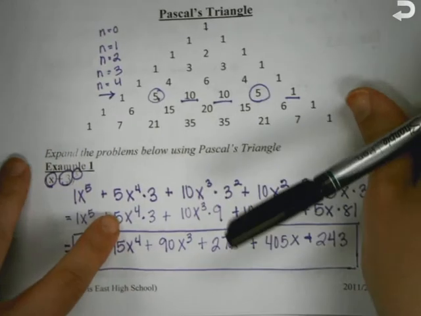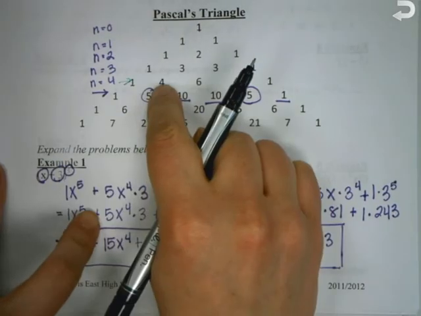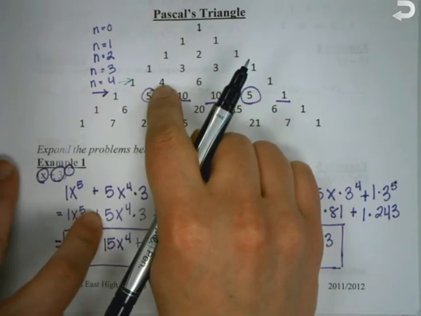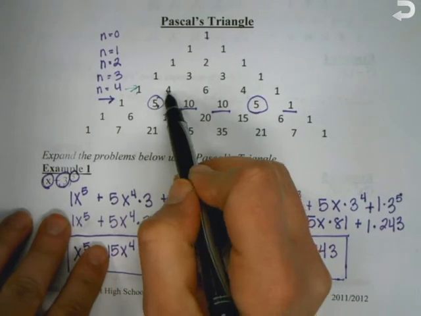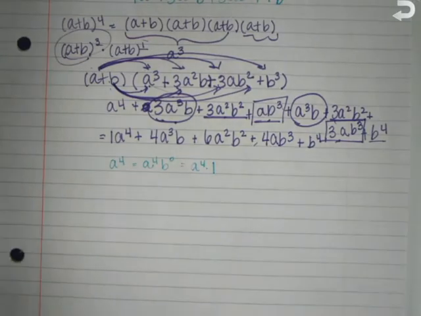So, let's start by just plugging everything in. My coefficient for the first is going to be 1 times my A term, but my A term is 2p. So I have to plug in 2p, and I want to put it in parentheses. To the what power? To the 4th power. Good.